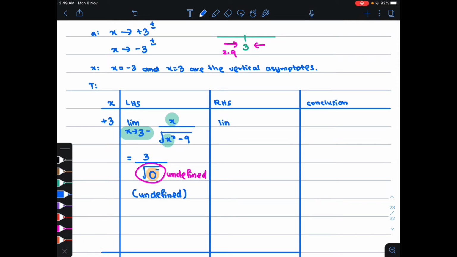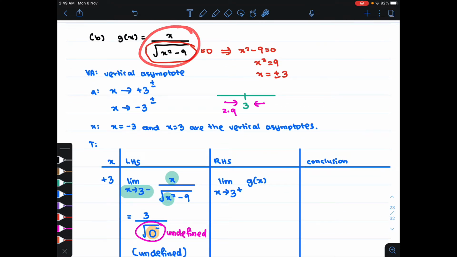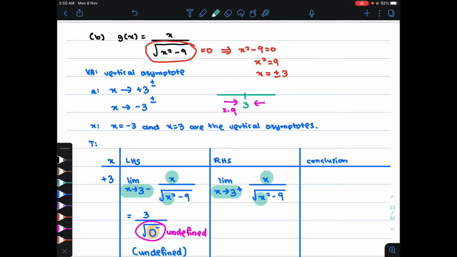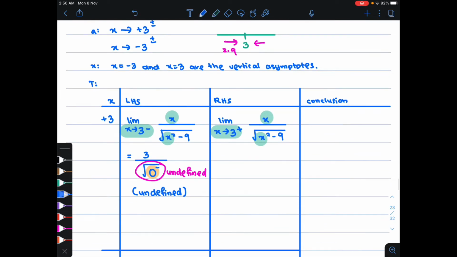So, we're going to have the limit of g(x) as x approaches 3 from the right-hand side. And we know that g(x) is this one. As per usual, substitute x equal to 3 into g(x). So, we will get 3 over the square root of 3 squared minus 9, and we know that this is 0.